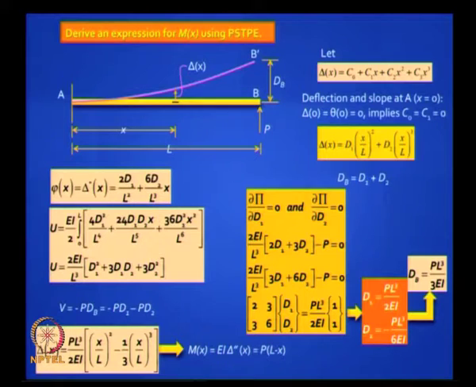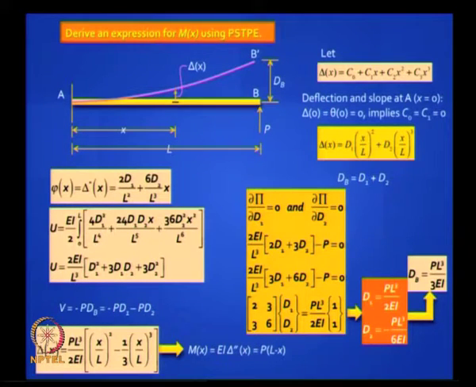You get two equations, dou pi by dou d1 equals 0 and dou pi by dou d2 equals 0. You can solve them simultaneously and you get exact values of d1 and d2, and you get back the expression that we had derived earlier for deflection, including, of course, shear deformations there, but without shear deformations you get PL cube by 3EI.